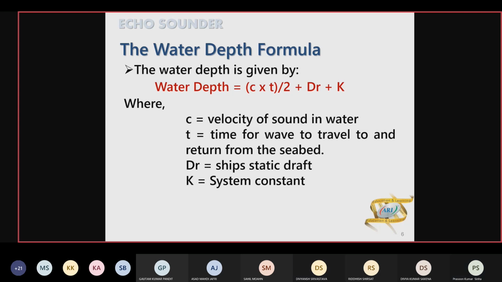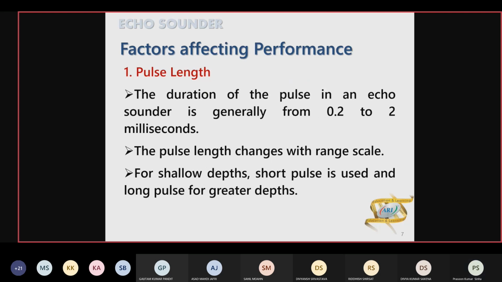Yes, sir. Yes, sir. Okay. Next, characteristics.